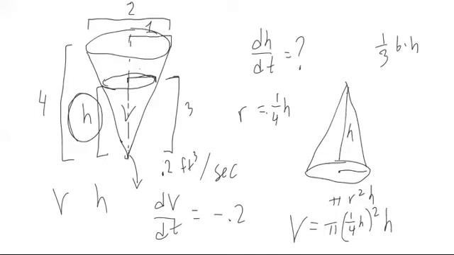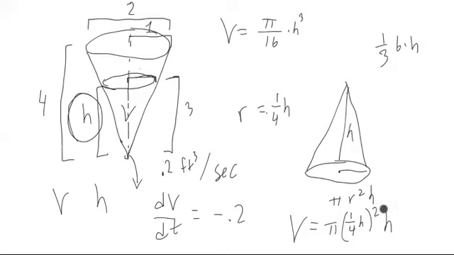Now, since we have an equation relating V and H, the next step is to take derivatives to find a relationship between dV/dt and dH/dt, everything with respect to t. I'm going to rewrite this as V is equal to pi over 16 times H cubed.